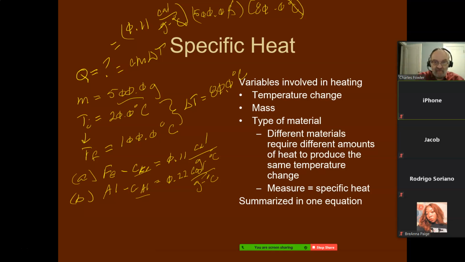The Q for iron, the amount of heat it takes to heat 500 grams of that iron 80 degrees, was 4,400 calories, and those are little c calories. Or if you wanted to use kilocalories, that's 4.4 kilocalories.